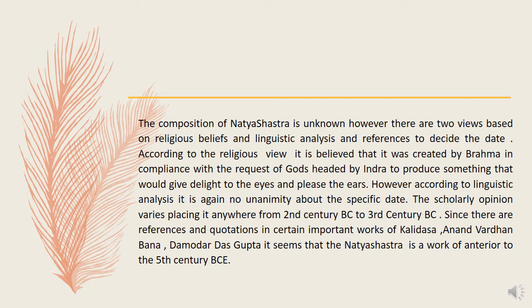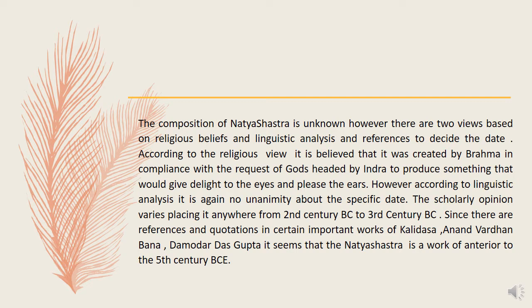Coming to the composition of Natya Shastra, there are two views. One is the religious belief, and the other is the linguistic view, based on linguistic analysis to decide the date of the composition. According to the religious view, it was created by Brahma in compliance with the request of gods, headed by Indra, to produce something that would give delight to the eyes and please the ears.